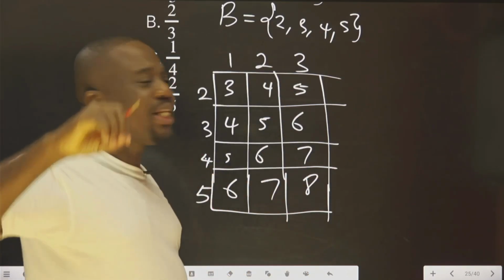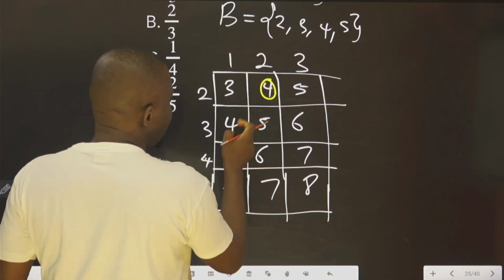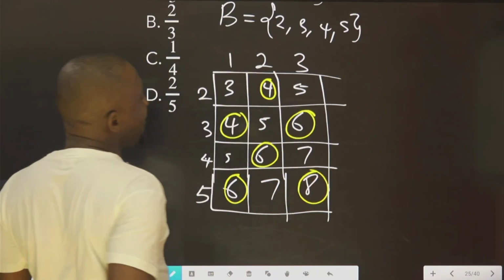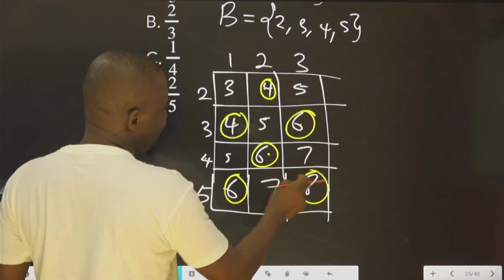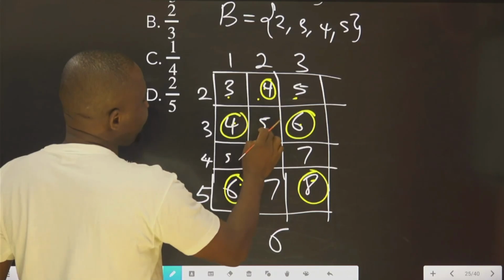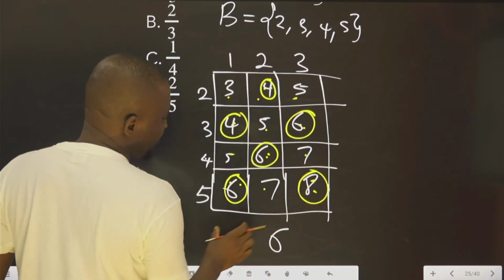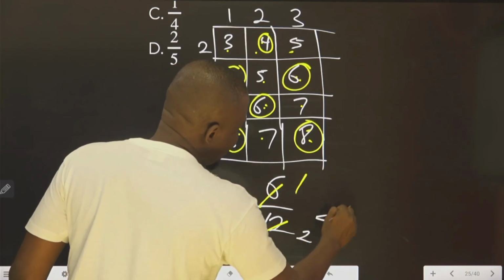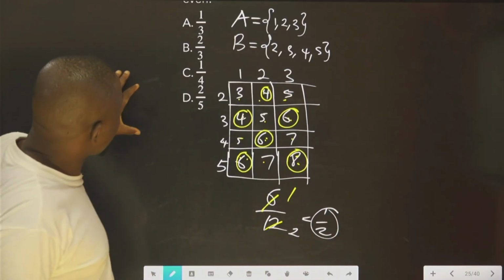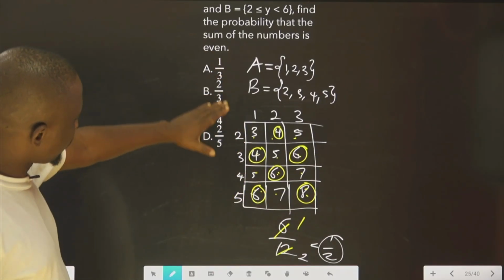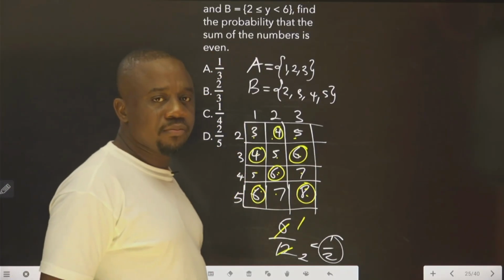Now we need the even. After summing all, this is even, even number, even number, even number, even number, even number. How many of them? 1, 2, 3, 4, 5, 6. 6 of them. Total of this is what? 1, 2, 3, 4, 5, 6, 7, 8, 9, 10, 11, 12. Over 12. So here is 1, here is 2. It means the answer is 1 over 2. Okay? As you can see, there's no matching option. 1 over 2 is the answer, but there's no option that matches it here.